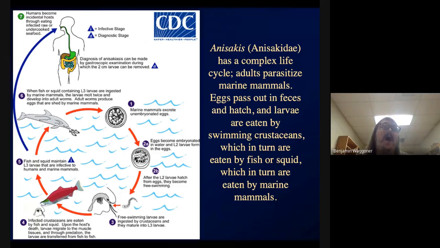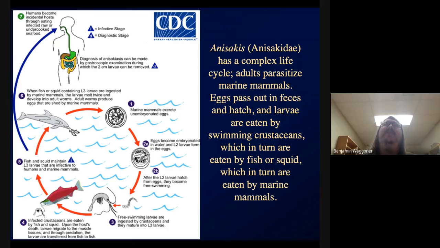They can pass on up the food chain and eventually get ingested by marine mammals, whales, seals, dolphins, sea lions, what have you. And that's where they develop into adult worms. Humans, of course, become incidental hosts if you eat raw or undercooked seafood. And, as we've seen, you can get these in wild-caught salmon.